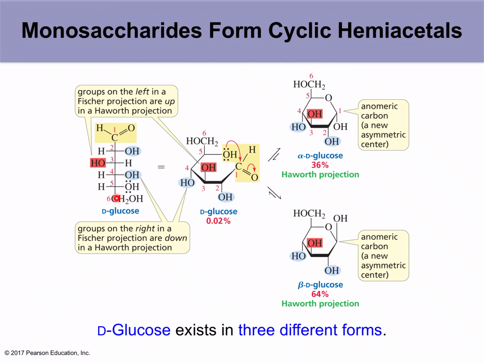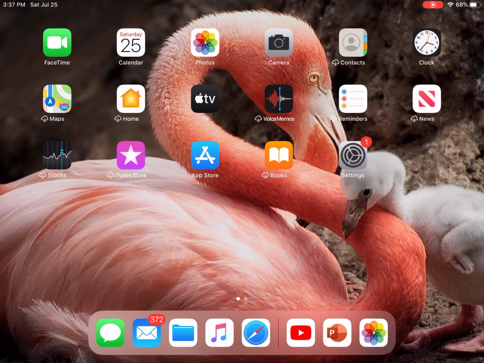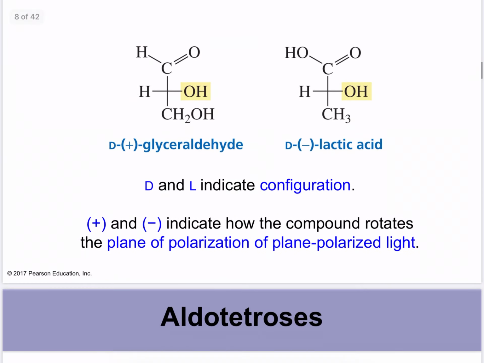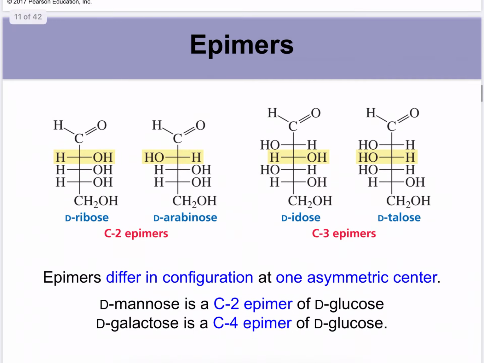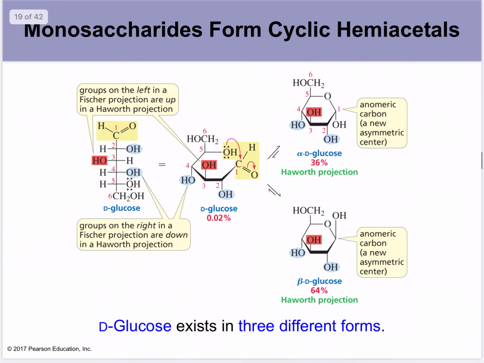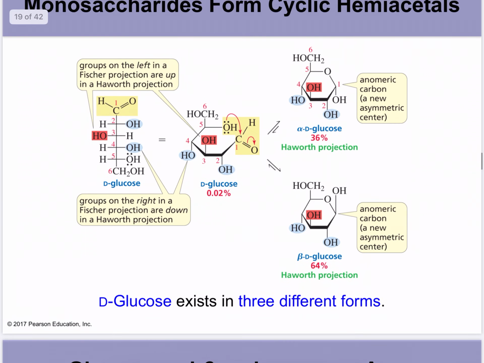Now this straight chain undergoes cyclization, and during this cyclization it can form hemiacetals. Do you remember what a hemiacetal is? We learned about hemiacetals. Let me draw those.